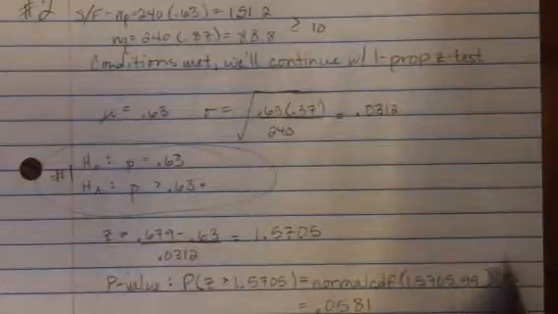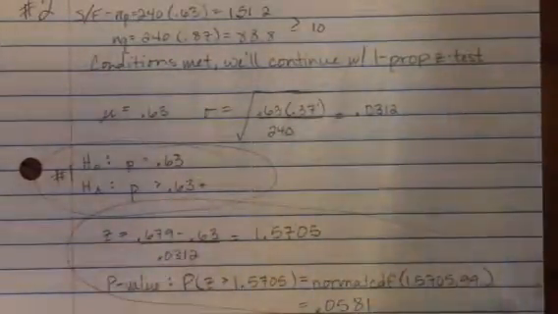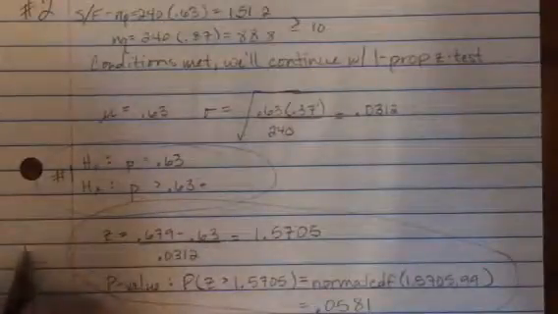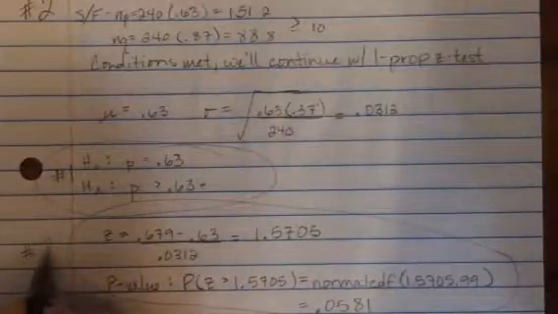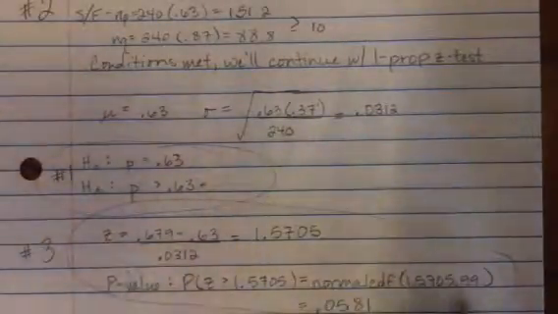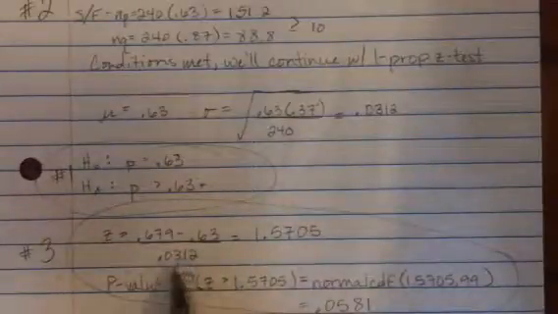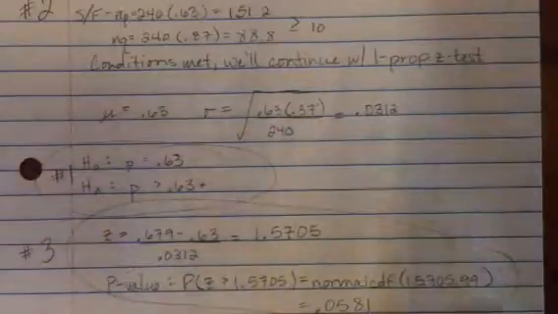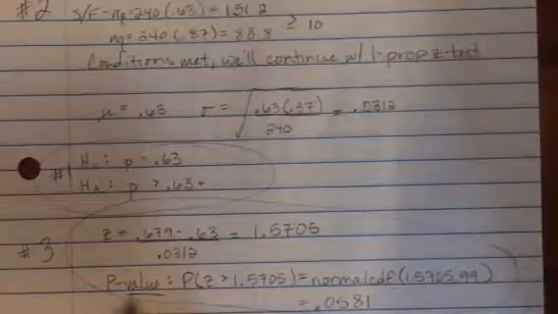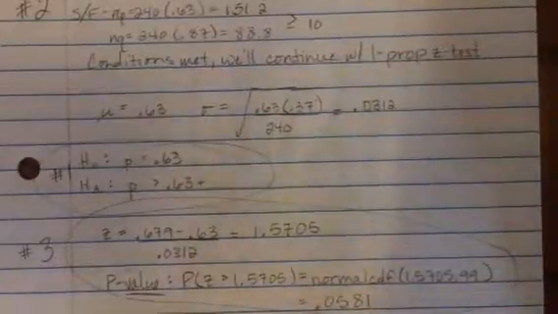And then we come down here, this part right here, that is your calculations, your mechanics is what it calls it in the book, where you calculate the z-score and you get a p-value. Make sure you label what your p-value is and make sure that is clear.